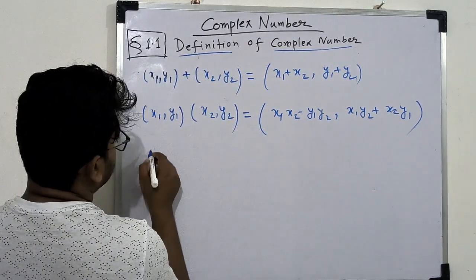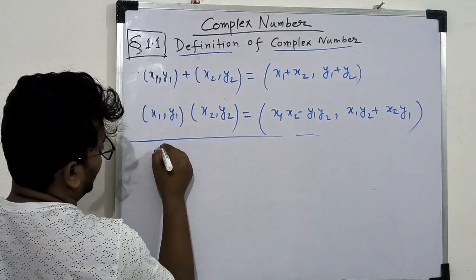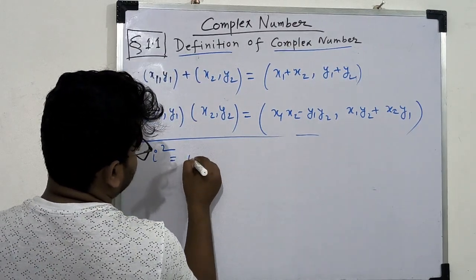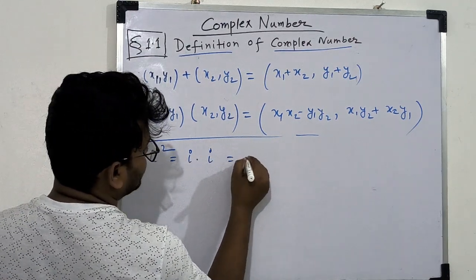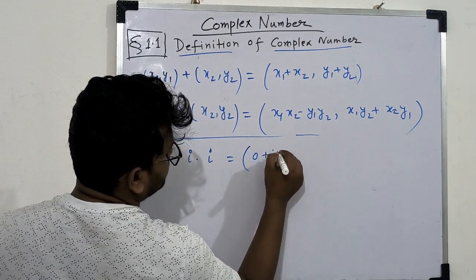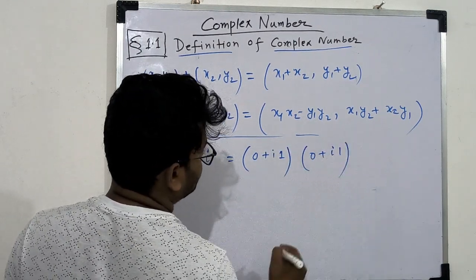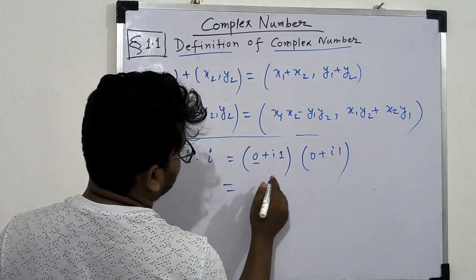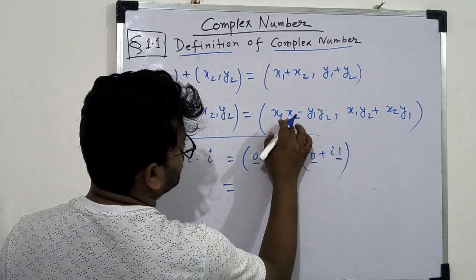Using this, we can find the value of i square. i square can be written as i into i, and i can be written as 0 comma 1, that is 0 plus i1. So this is x1, y1, x2, y2.